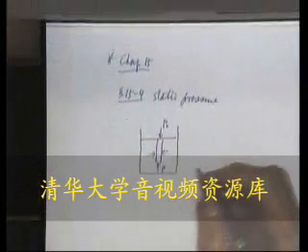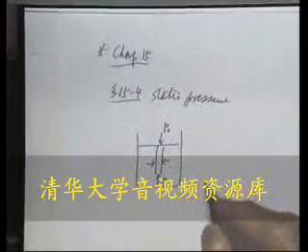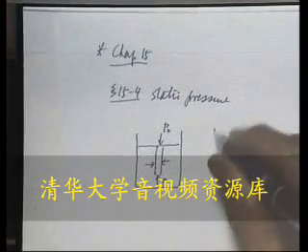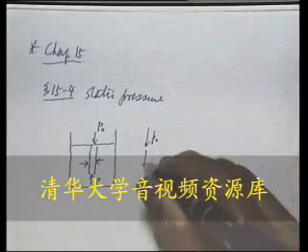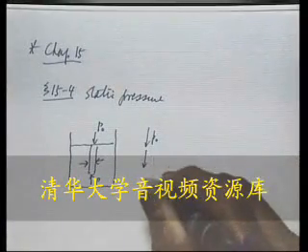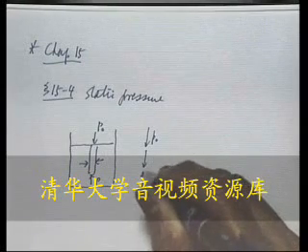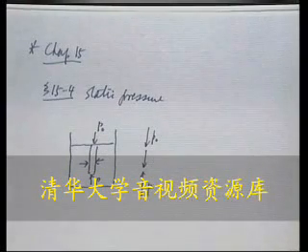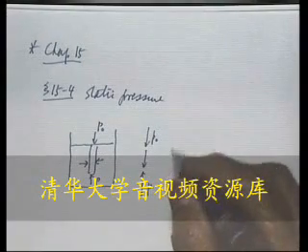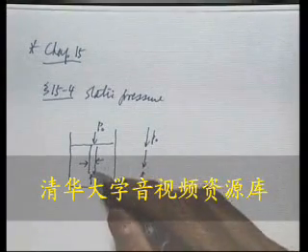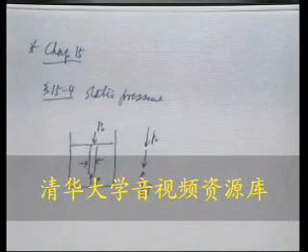So if we only consider the vertical forces, we have P0, we have the gravitational force, and we have the pressure from the bottom. The gravitational force is equal to the total weight.